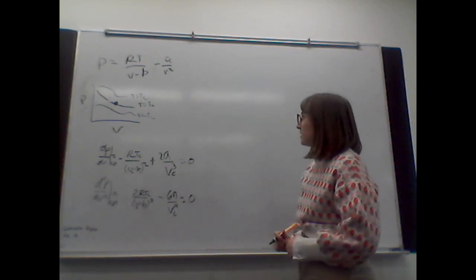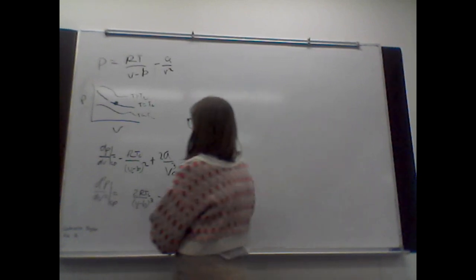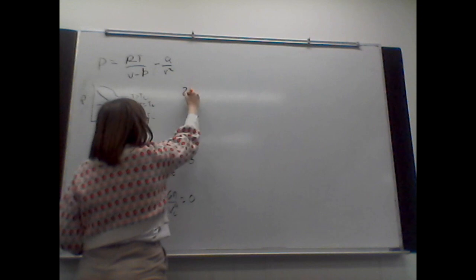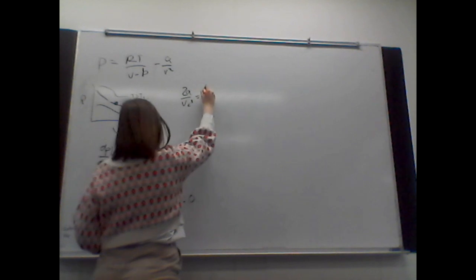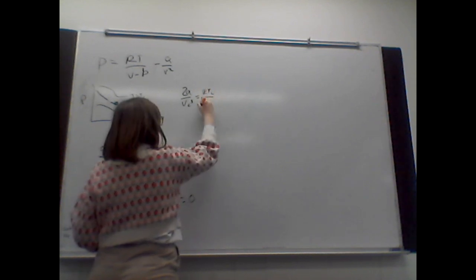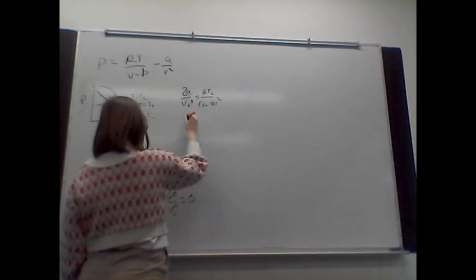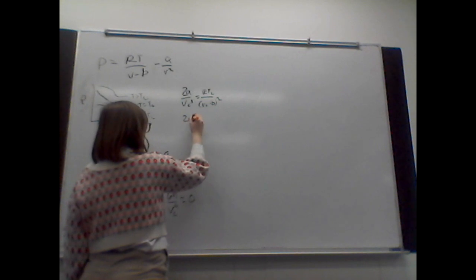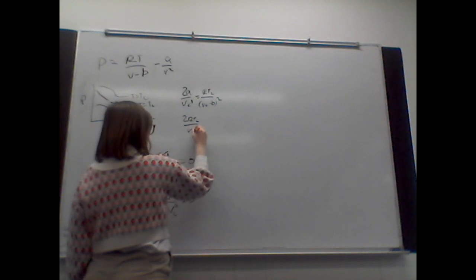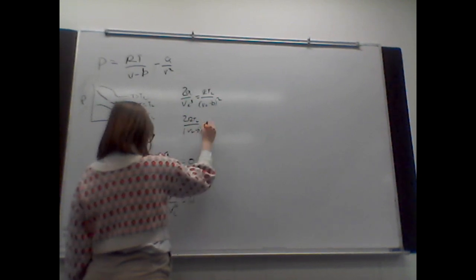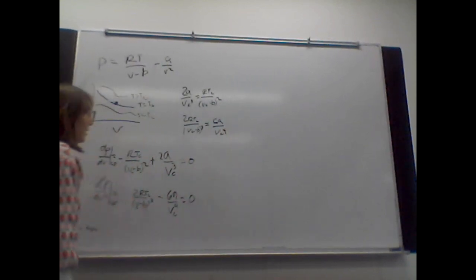Now let's put each A term by itself. So this one's going to be 2A over VC to the third equals RTC over VC minus B squared. And then we have 2RTC over VC minus B to the third equals 6A over VC to the fourth.